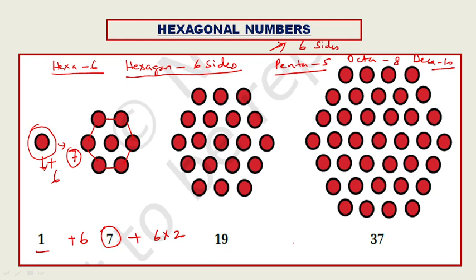Multiplication with 3, with 2, then with 4. 6 into 4, so the next number will come as 24. So 37 plus 24 is 61. Here it was 18, and 19 plus 18 gave you 37.